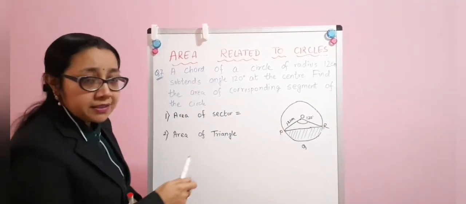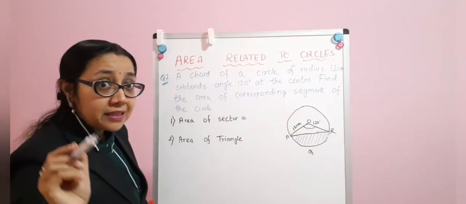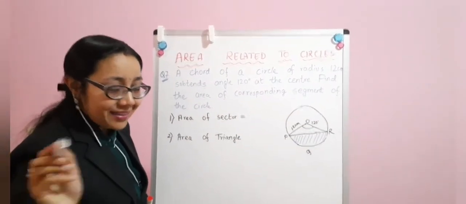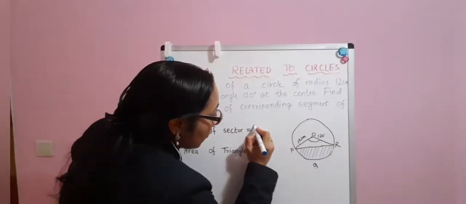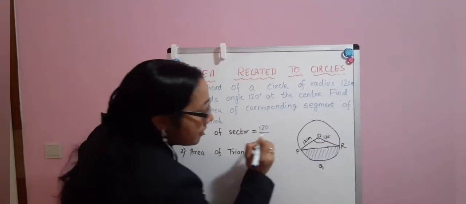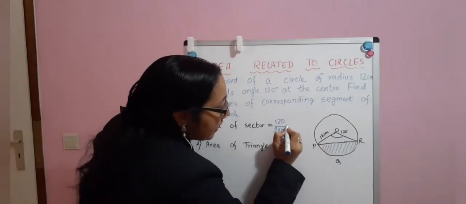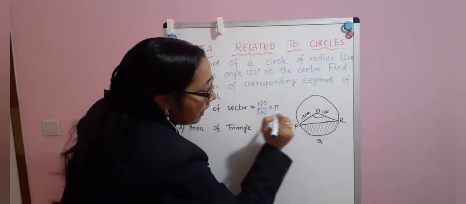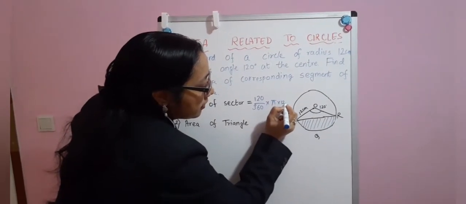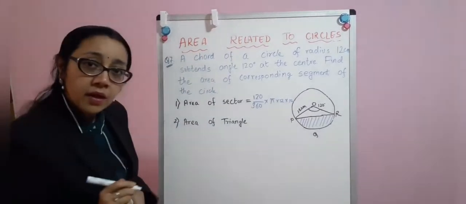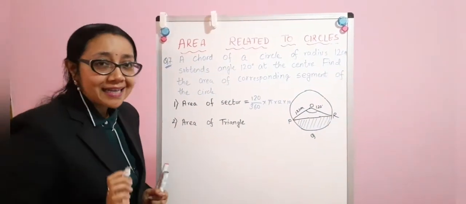The area of the sector is theta by 360 times pi r squared. So we can write theta is 120 by 360 times pi, r squared means 12 times 12. This one we can calculate.